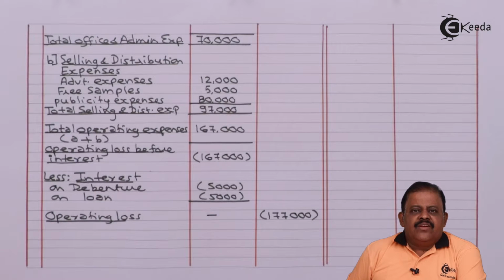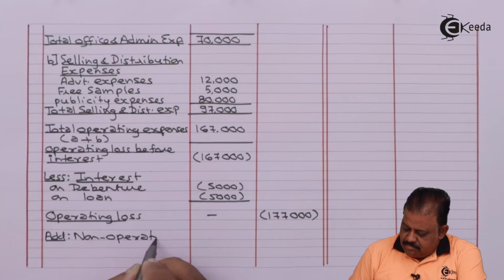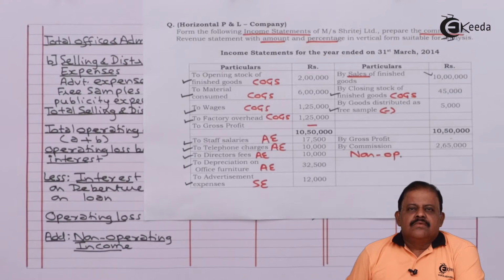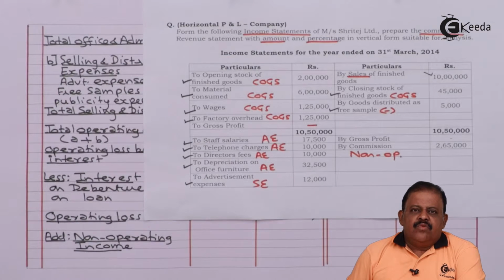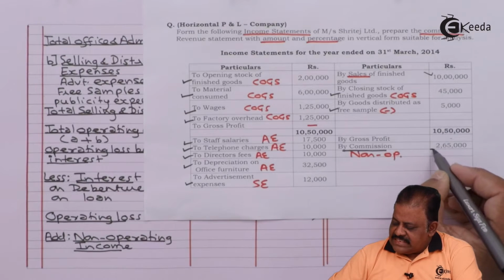To this we'll be adding non-operating income. In non-operating income we have commission received 2,65,000.